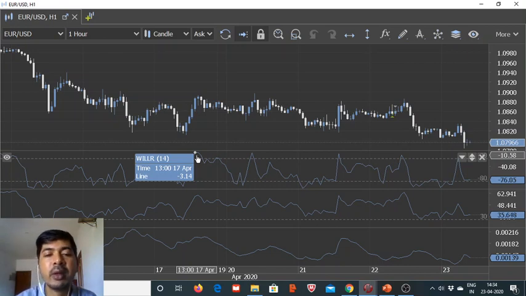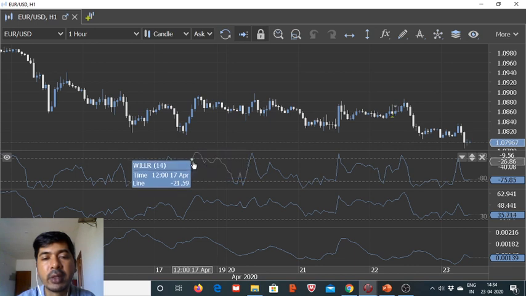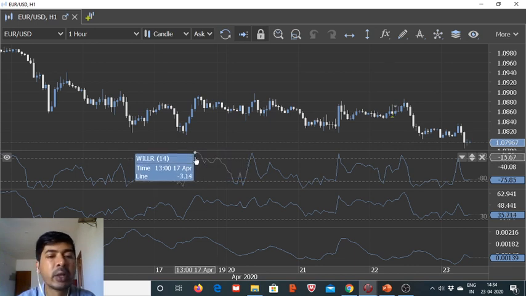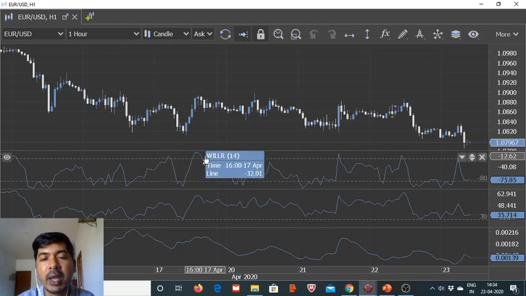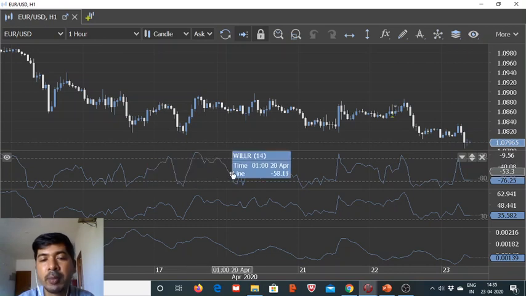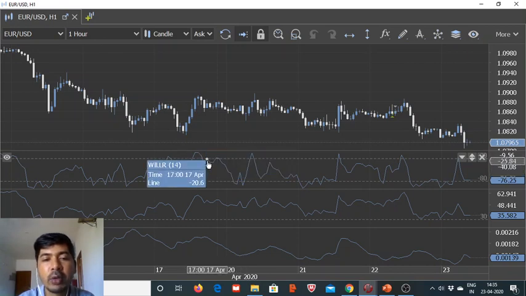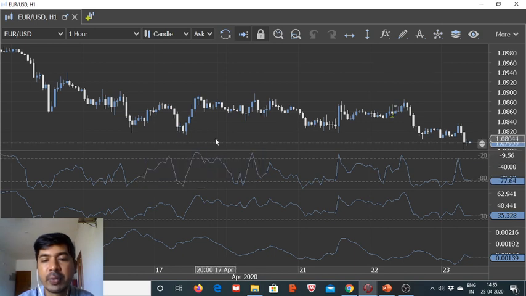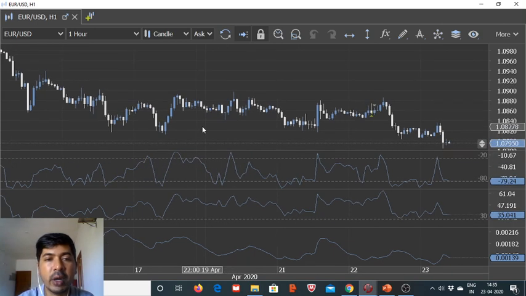In such a scenario we will be checking the Williams R value, and as you can see the overbought conditions are being maintained for quite some time here, and also the Williams R value is not dropping below minus 50 so fast. So we can use this condition.